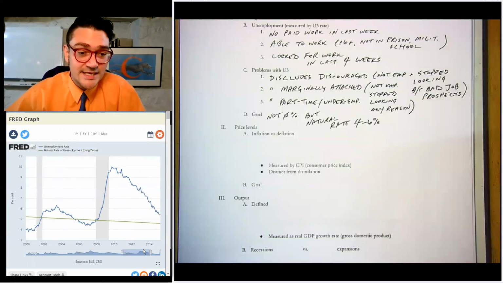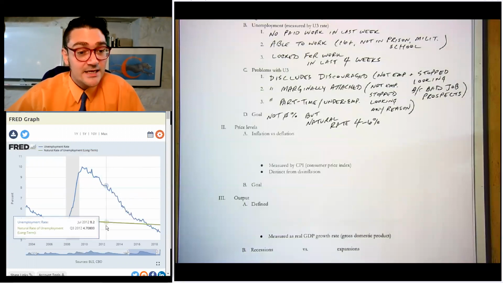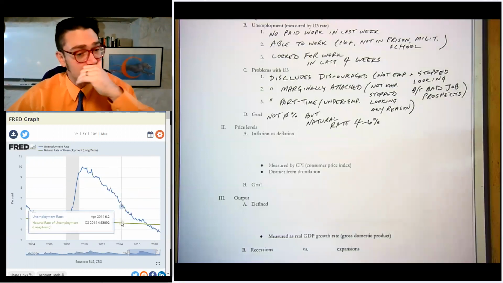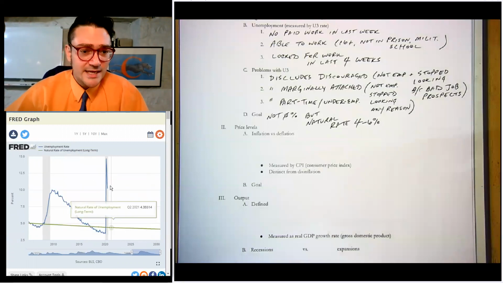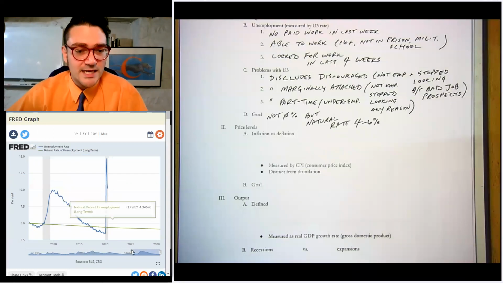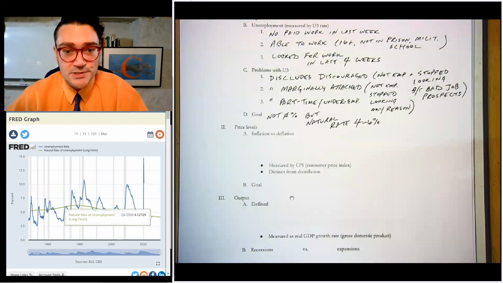And you can see that it was ticking downwards throughout these last few years here, 2016, 2018. And oh, by the way, I've included the natural rate here. You can see that it kind of varies, but it's usually about 5%. And then the pandemic here. So you can see 14.7% is incredibly high. In fact, that's the highest unemployment rate since we started tracking the numbers.